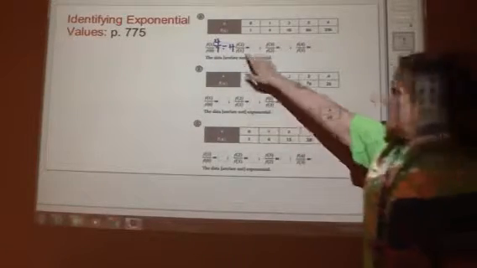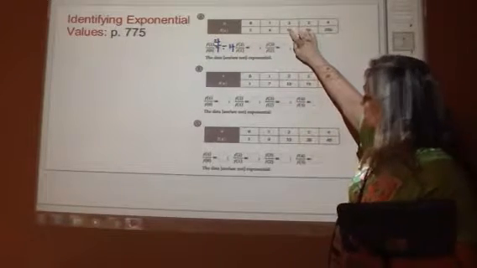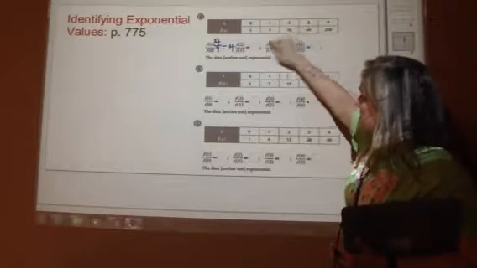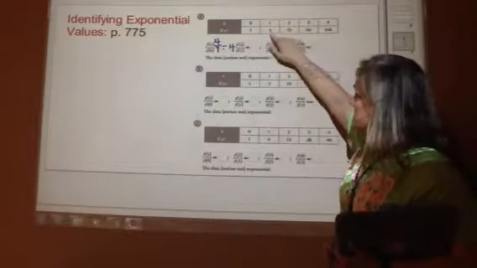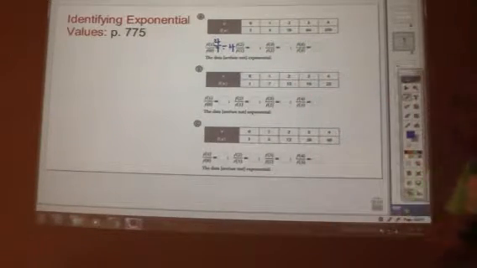And then I would take f of 2, which is 16, divided by f of 1, which is 4. 16 divided by 4 is what? 4.